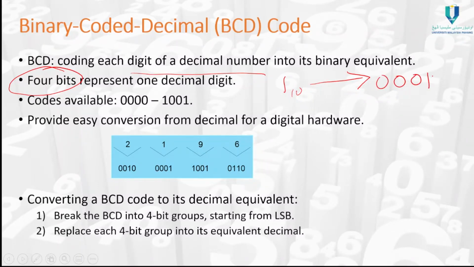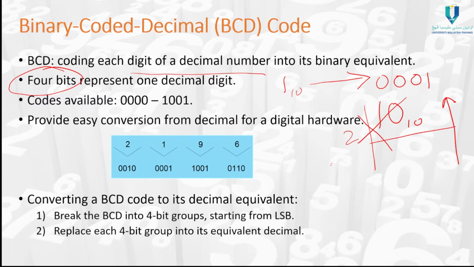If I have, let's say, number 10 in decimal, in the previous subtopic we learned that to convert 10 in decimal into binary, we have to perform division, isn't it? We divide it by 2, and then we get the remainder, and that will become its binary number. But in this case, we're not going to do this.